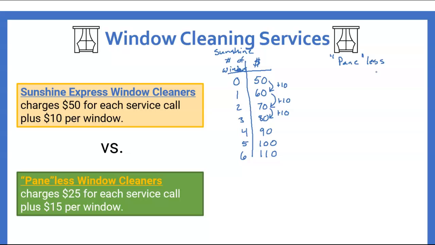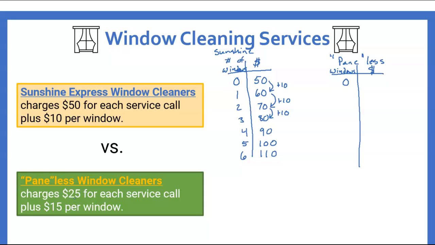Painless windows. We'll draw a table. We'll have the same variables, so this is going to be windows again, and dollars. And we'll do the same evaluation. We'll start with 0 windows. How much would they charge for 0 windows?